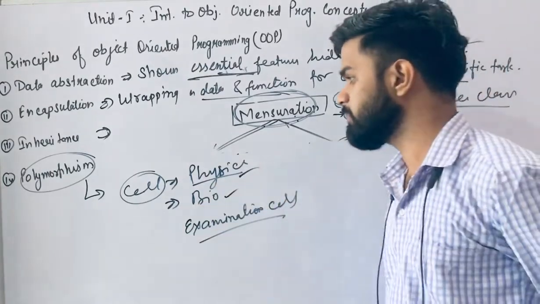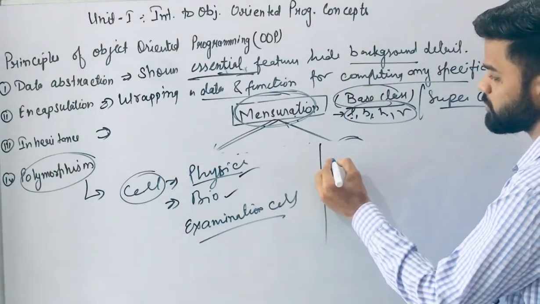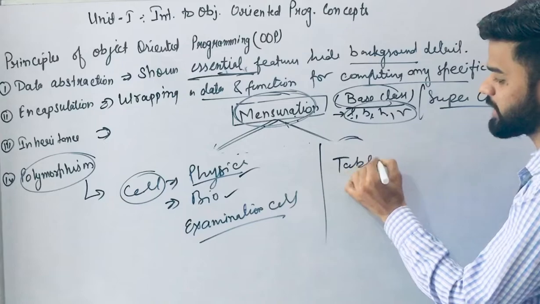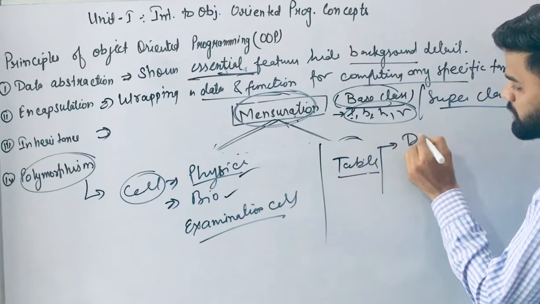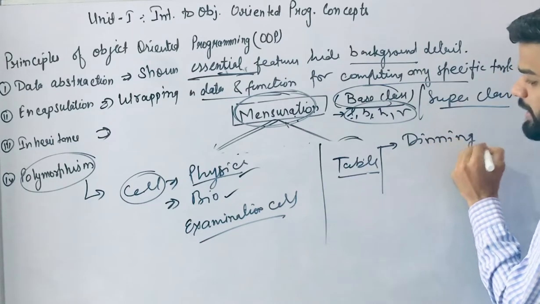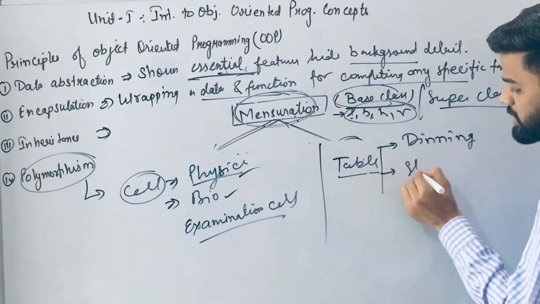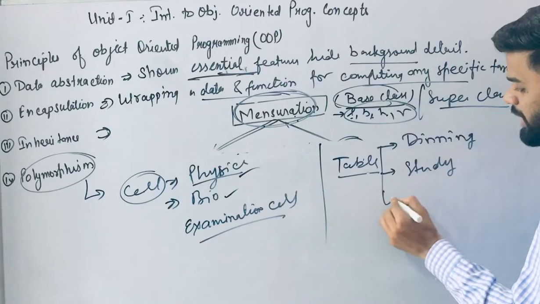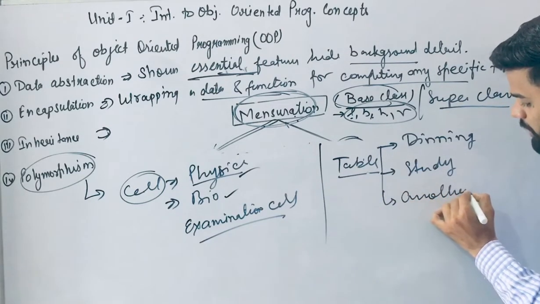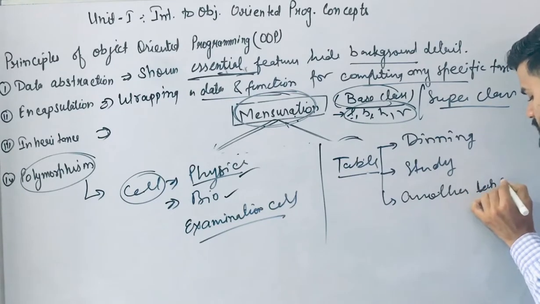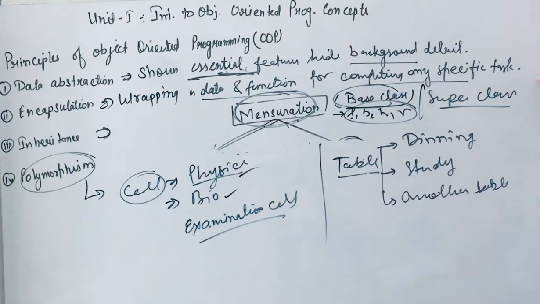In the same way, in our programs, suppose there is a table, we are taking another example. When we eat something, it is a dining table. When we study on this table, it is called a study table. And if we want to complete any other specific task, we can say another type of table. So a single table performs multiple tasks in multiple places.